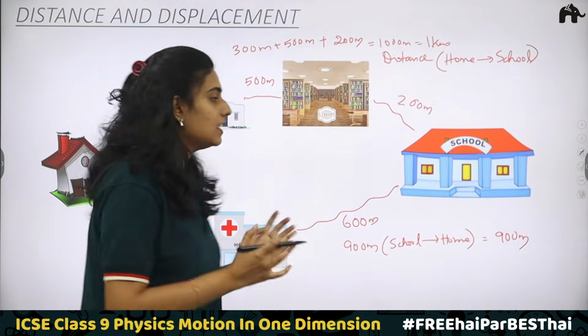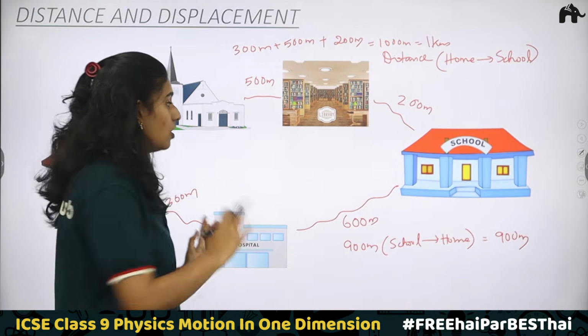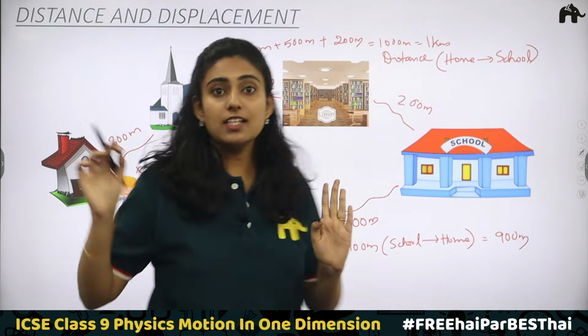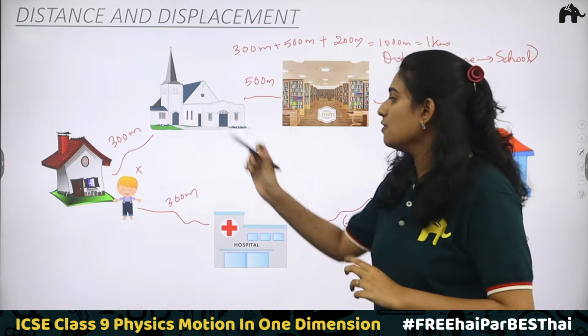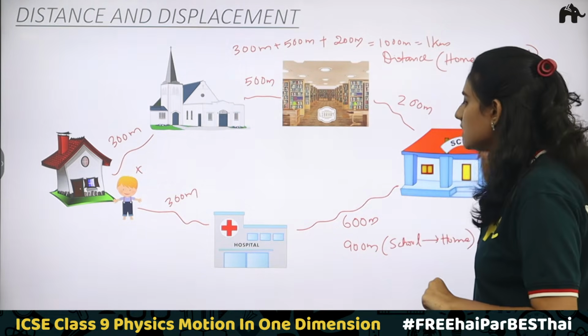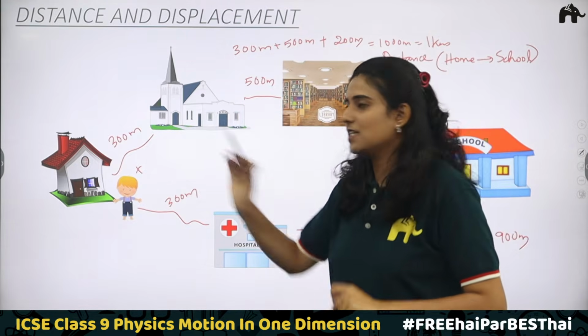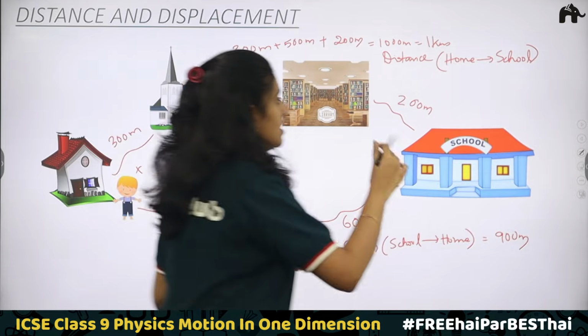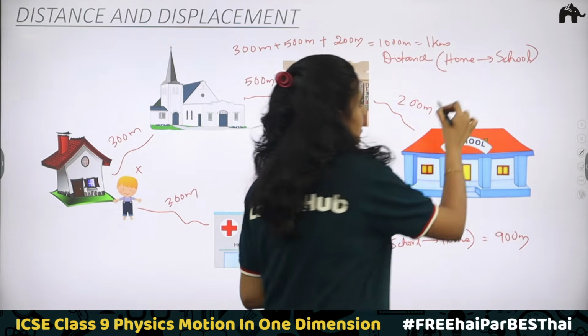Okay, now what is the total distance he travelled or total length of the path? That is, he started from home and reached back home. Yes. So, from home to church, church to library, library to school, school to hospital, and hospital to home. So, what is the total distance that he travelled? Total distance or total length of the path.